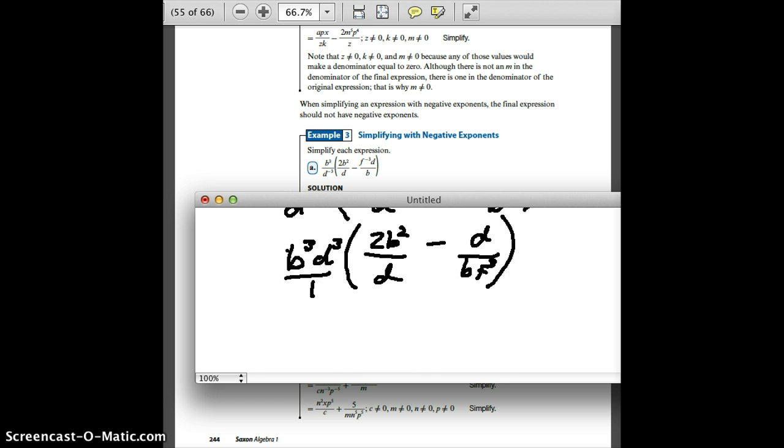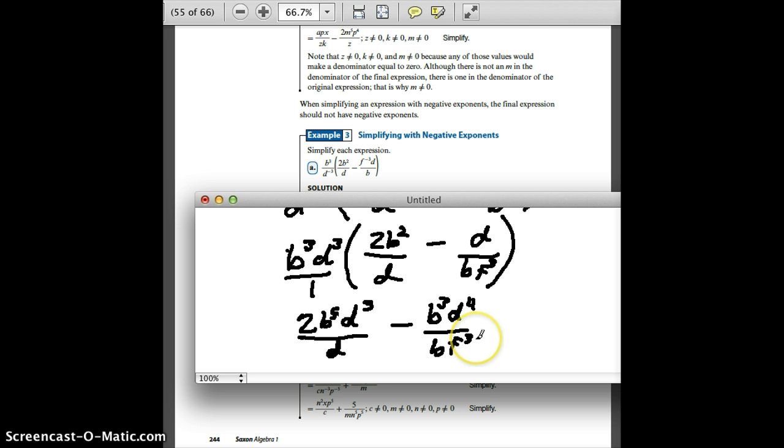So B to the third times B to the second, that's 2B to the fifth, and the D to the third comes for the ride, over 1 times D is D, minus B to the third times D to the third times D, so that's B to the third, D to the fourth, over 1 times B, and that's to the third.